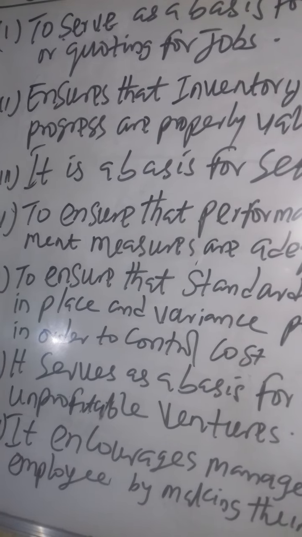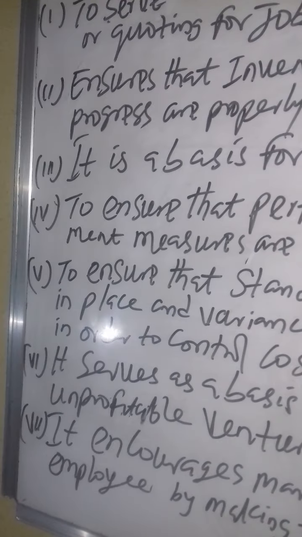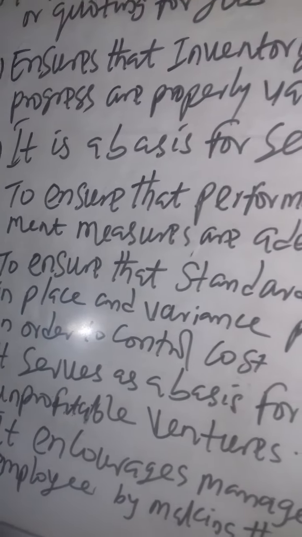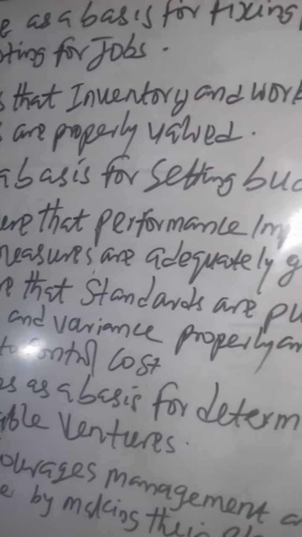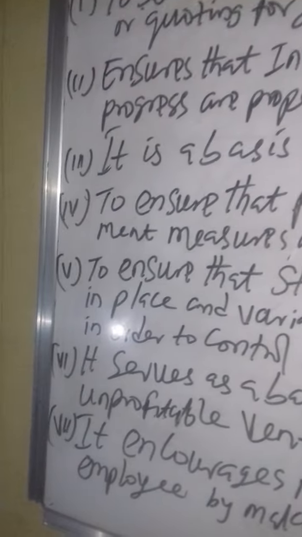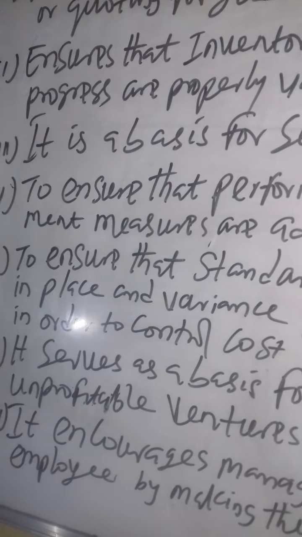In international accounting standards, IAS 2 requires that a company can apply standard costing alongside the first in, first out model or weighted average model. So standard costing is acceptable globally.